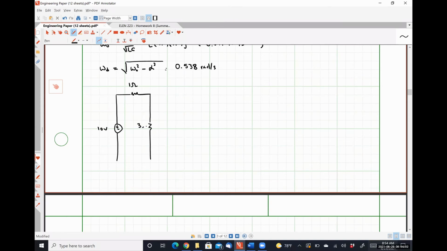Here is our 3 ohm resistor through which our current IA at 0 minus flows. Because we're at DC steady state, our capacitor is going to look like an open circuit. Our inductor is going to look like a short circuit. And then we have our dependent source having a value of -2 IA at 0 minus goes here.